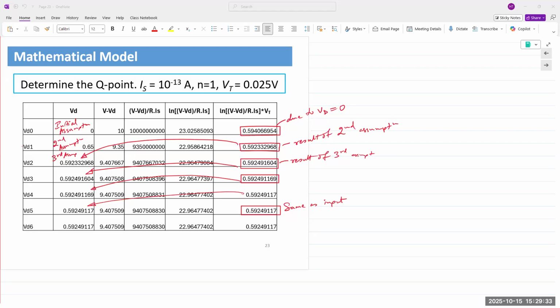I can take a look a little later, but if both of you are getting the same answer, then maybe there's an error. Or maybe I used slightly different values, perhaps. I don't know. And it's 10 to the minus 13. I don't know. I can take a look. But any other questions on the iterative process?